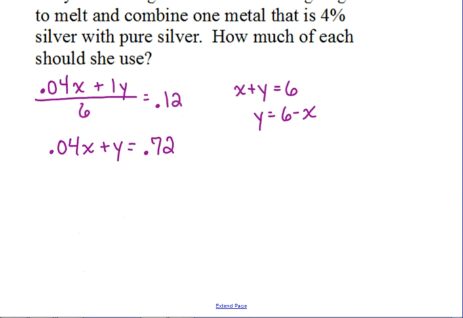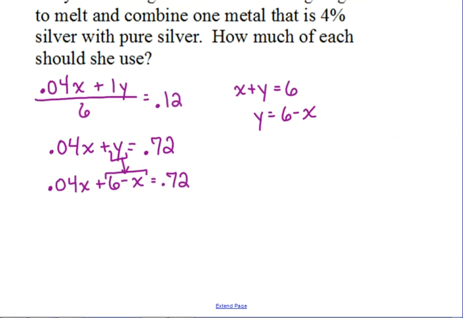So if I solve for y, I subtract the x from both sides. So y is equal to 6 minus x. So I replace y in my equation with 6 minus x.